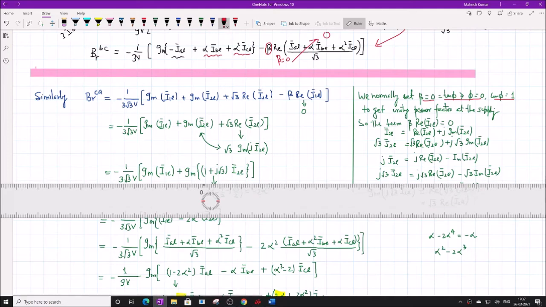And therefore B gamma BC will be equal to simply this term. I can remove this part totally and this becomes this term. So what do you see: the first term is negative, the second is alpha positive, and then alpha square.